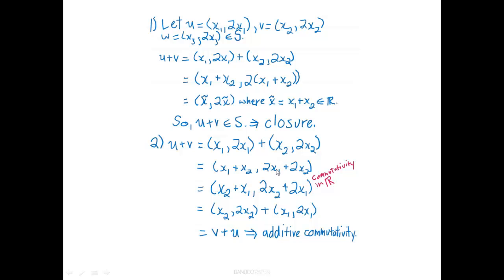Similarly, 2x1 + 2x2 is the same as 2x2 + 2x1. Now I can use again the standard definition of vector addition, and this breaks down to (x2, 2x2) + (x1, 2x1). But this is v and that is u, so I just proved that u + v equals v + u. Therefore, we claim that commutativity under addition holds.